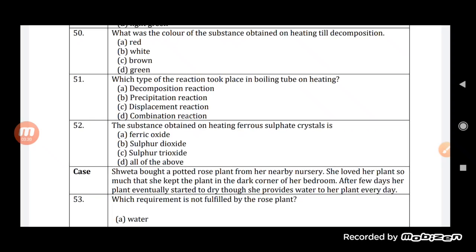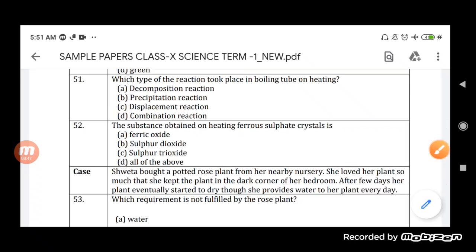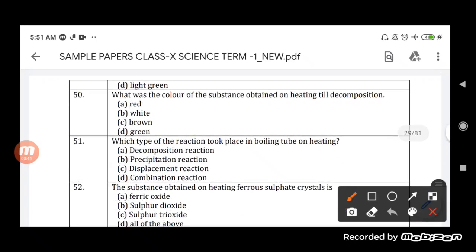So the color of the substance obtained on heating is brown color.